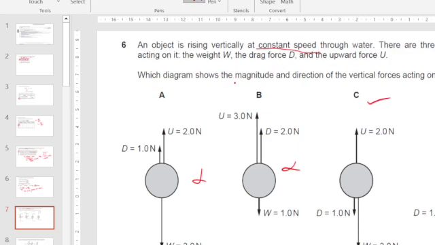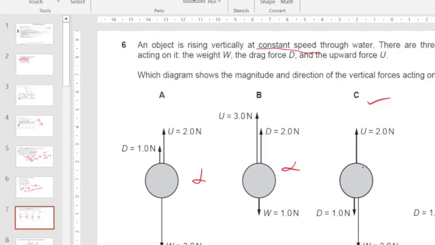Which diagram shows the magnitude and direction of the vertical forces acting on the object? It is moving with constant speed. So the net force is zero. Constant speed means net force is zero. The net force acting on the object is zero.